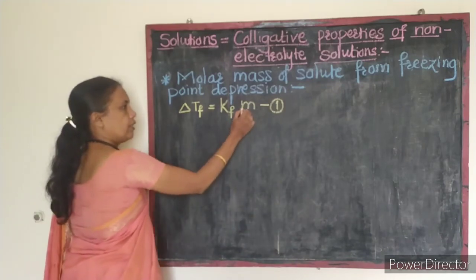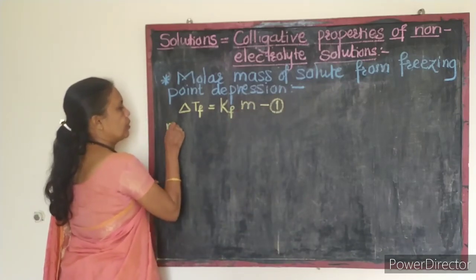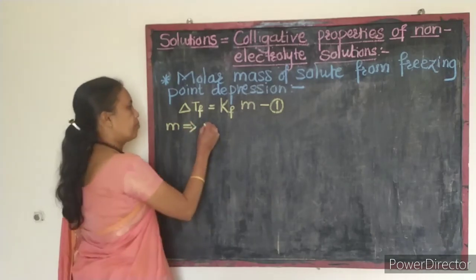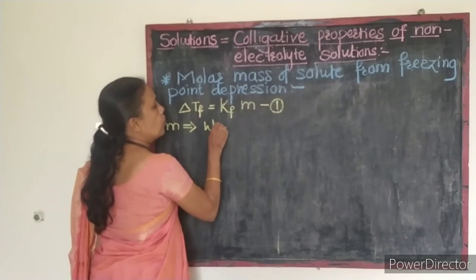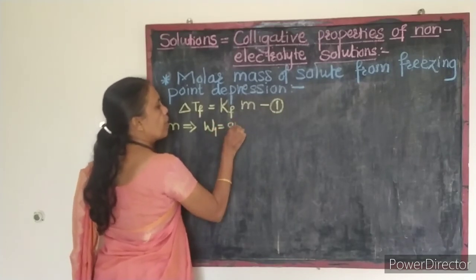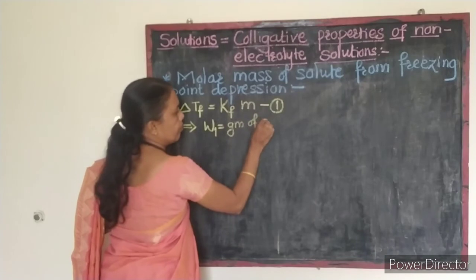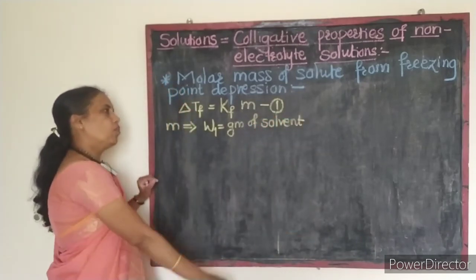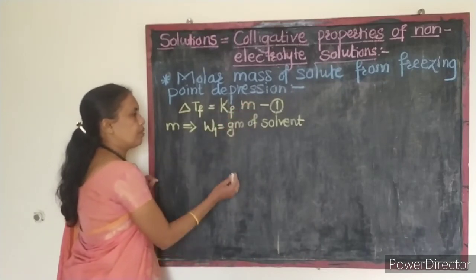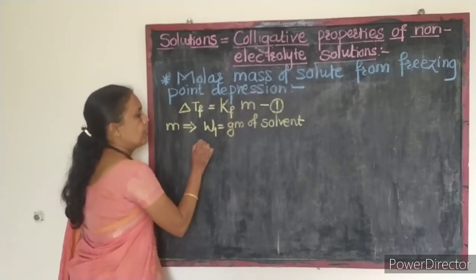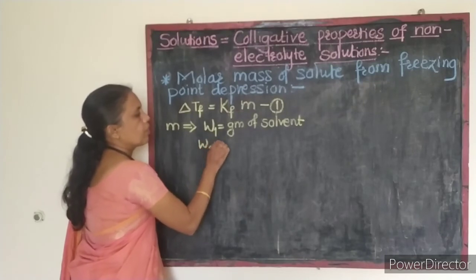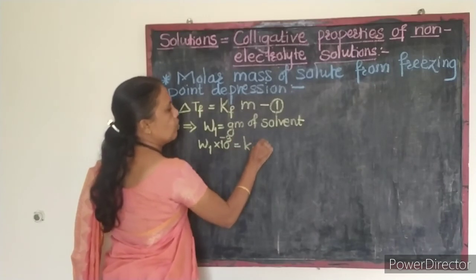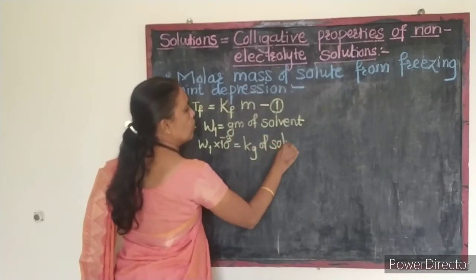We have to calculate M, molarity of the solution. For this, we consider W1 gram of pure solvent. But for molarity, we need it in kg. Therefore, we can write W1 into 10 raised to -3 kg of solvent.